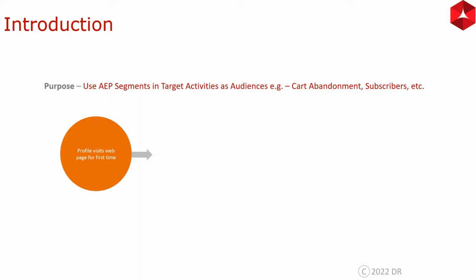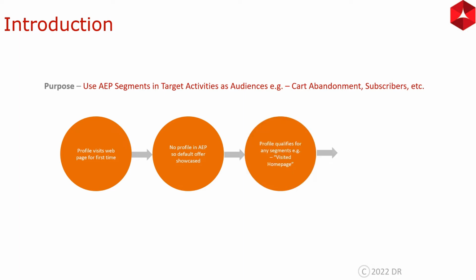Now let's look at the process. How does it look like, right? So someone visits the web page for the first time, then there will be no profile in AEP for that person. So you will see the default offer, right? Next, the profile qualifies for any segments. For example, visited home page, visited cart page, whatever product page, right?